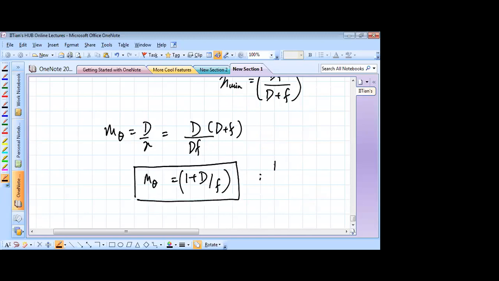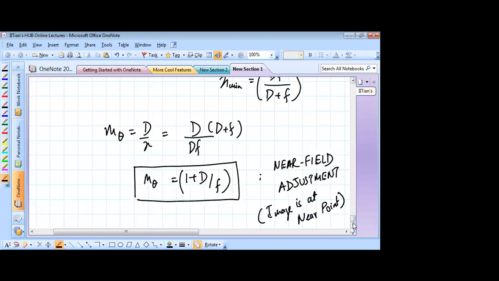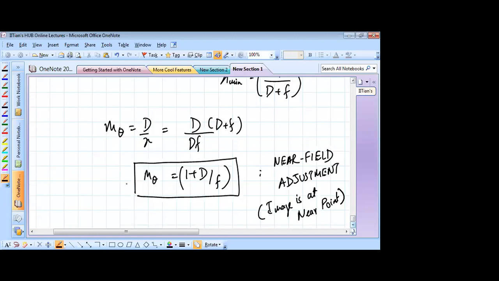This position is called the near field adjustment, that is, when the image is at the eye's near point. This corresponds to the maximum angular magnification possible, but it also corresponds to maximum strain on the eye.